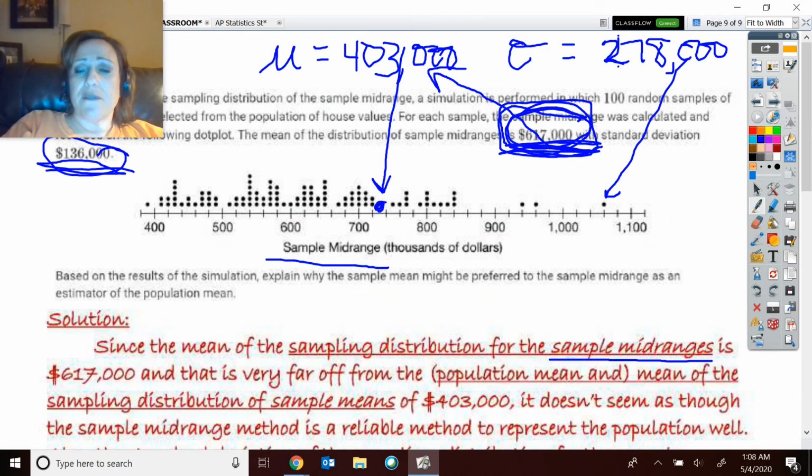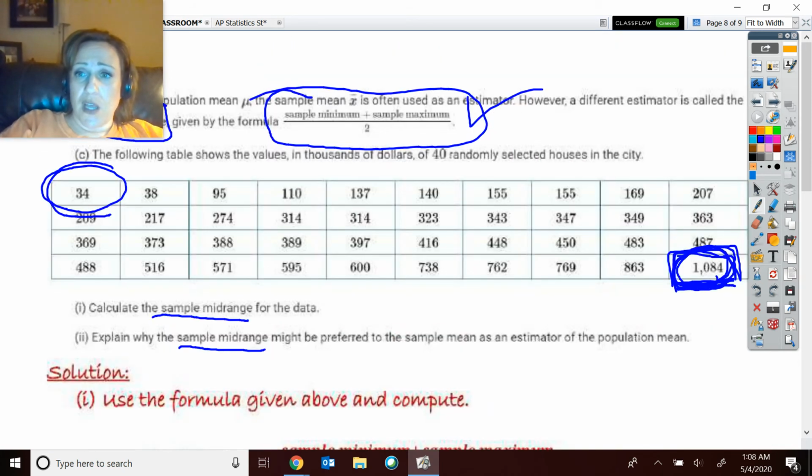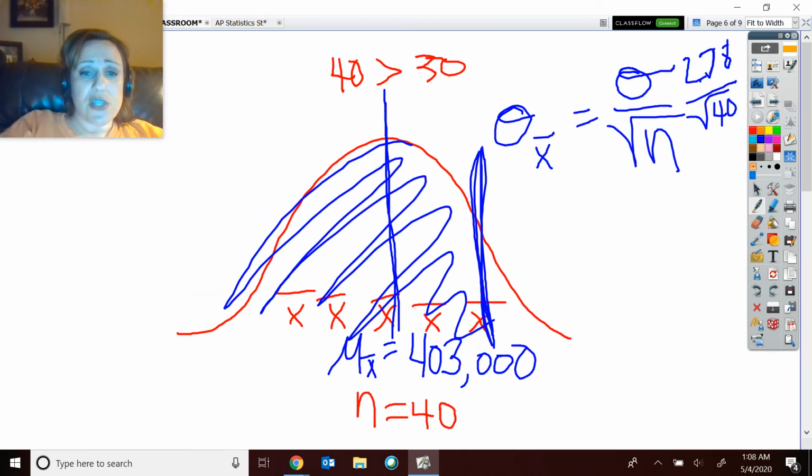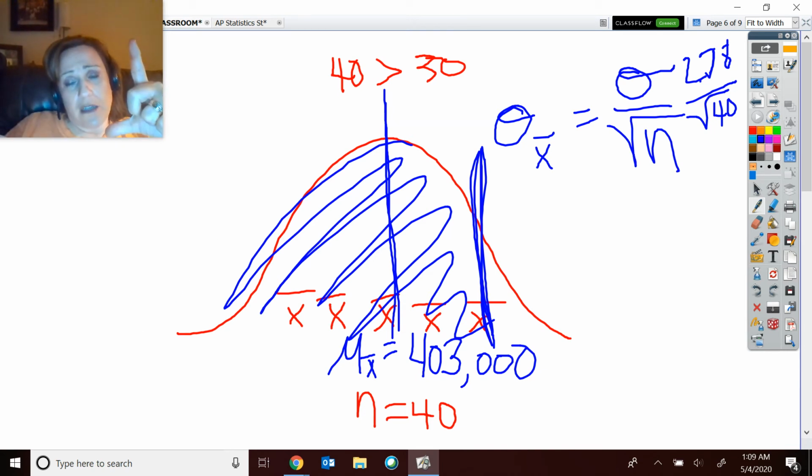So if you compare two sampling distributions, this one made up of X bars, averages of size 40 homes, a sample of 40, averaging all 40, as compared to taking 40 and not averaging all 40, but just taking the min and the max and getting their average.